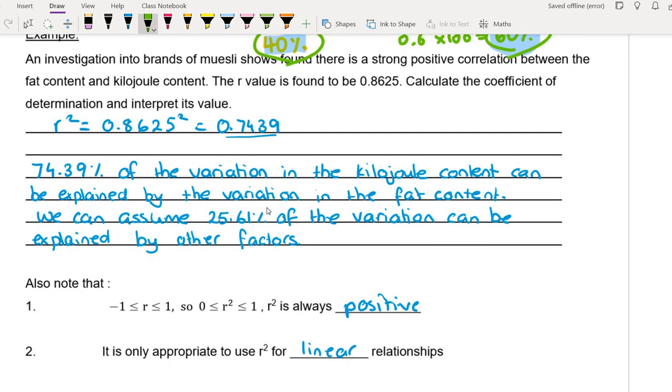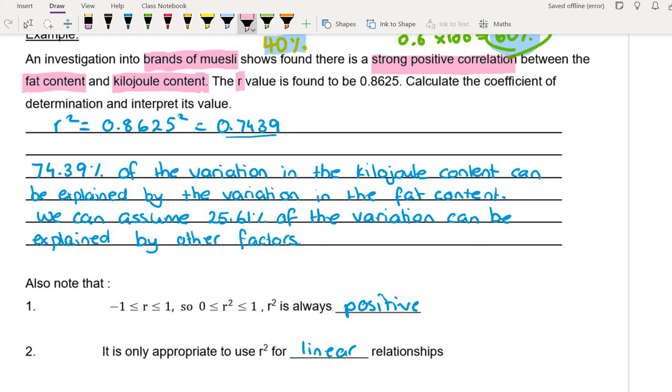Here's an example. This example says there was an investigation of some muesli, and it showed a strong positive correlation between the fat content of the muesli and the kilojoule content, like the calories.